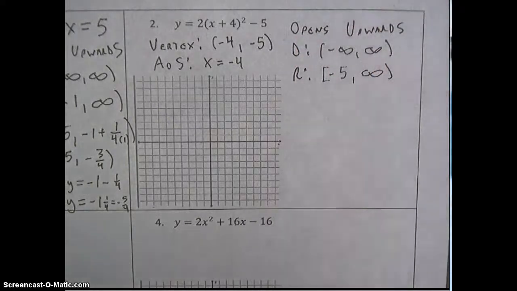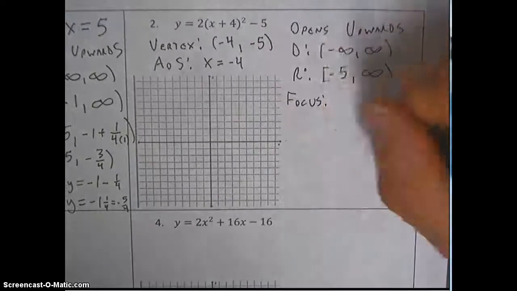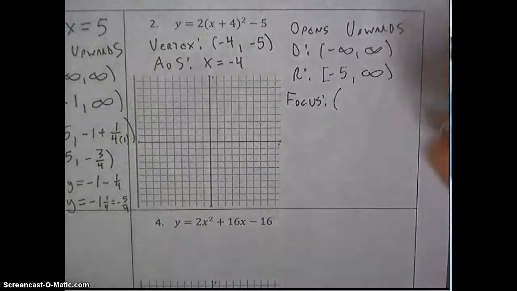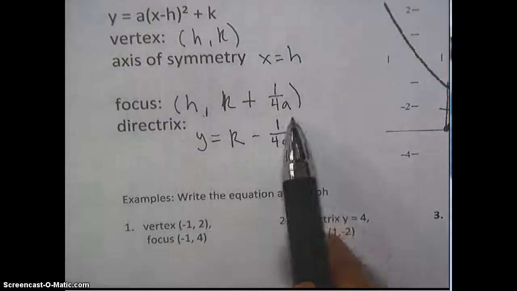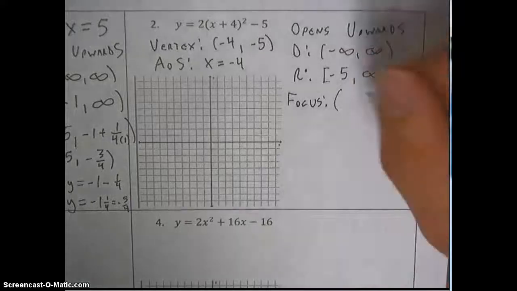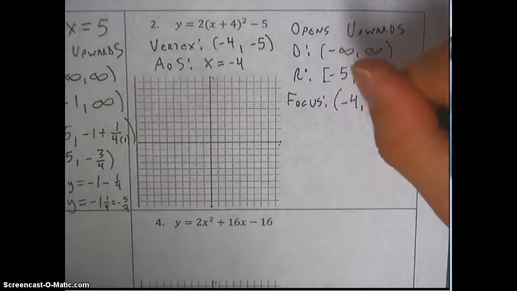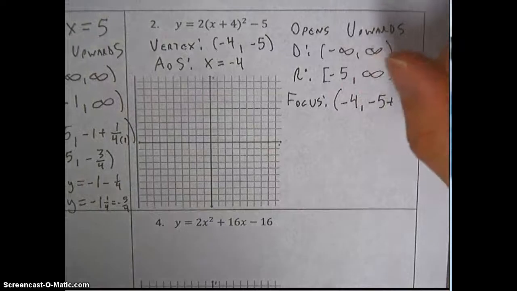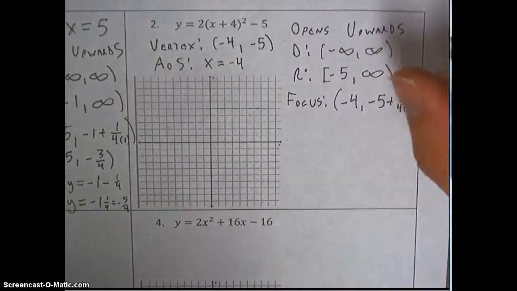The new stuff, the focus, is a coordinate point, and the focus, remember, is h comma k plus 1 over 4a. So h is -4, and then k is -5 plus 1 over 4a. A in this case is 2, so 4 times 2.